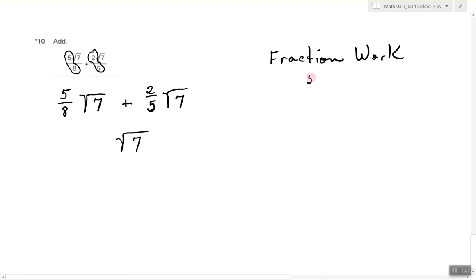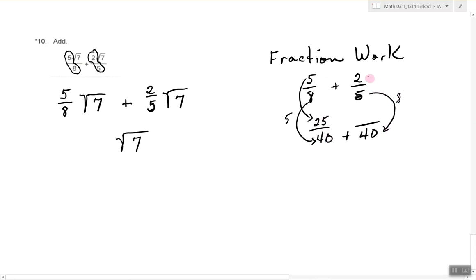I have 5/8 plus 2/5. I have to get a common denominator. 8 and 5 both go into 40. 8 goes into 40 5 times, and 5 times 5 is 25. So 5/8 is the same as 25/40. 5 goes in there 8 times. 2 times 8 is 16.